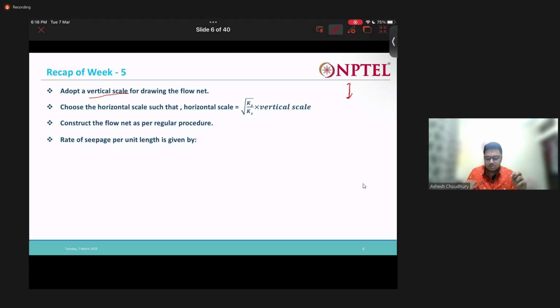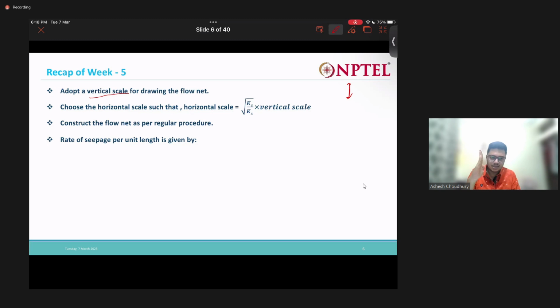So in the horizontal scale, 1 centimeter is equal to root over kz by kx times 10 meters. We will transform it like that.